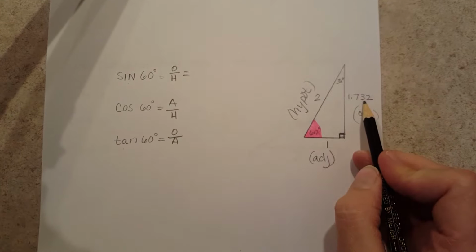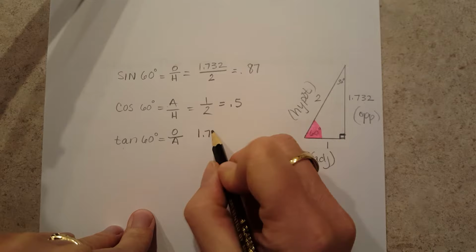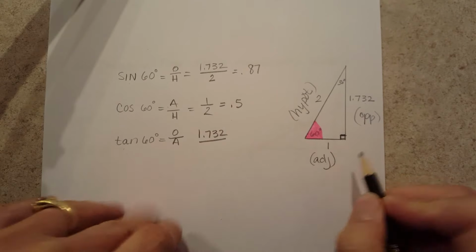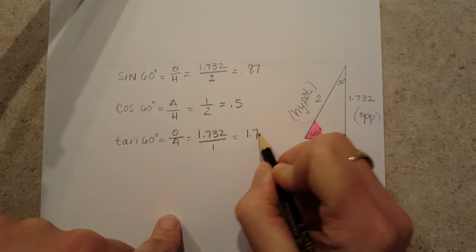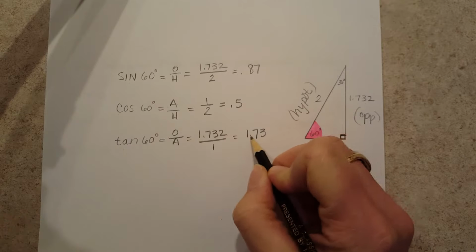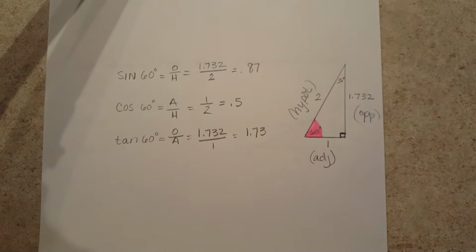So let's do cosine, adjacent over hypotenuse. Okay, and if they want a decimal form there, obviously it's going to be 0.5. And then tangent, opposite over adjacent, which is just going to equal 1.732 if it's thousandths, 1.73 if it's hundredths.